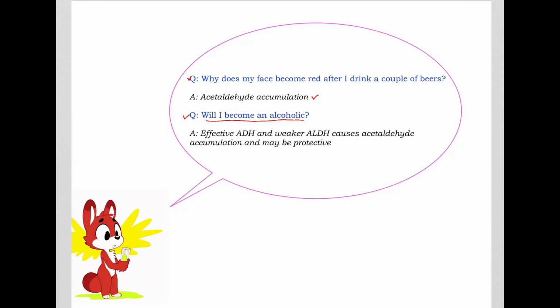So more efficient alcohol dehydrogenases and weaker aldehyde dehydrogenases will cause acetaldehyde accumulation and may be protective against alcoholism.